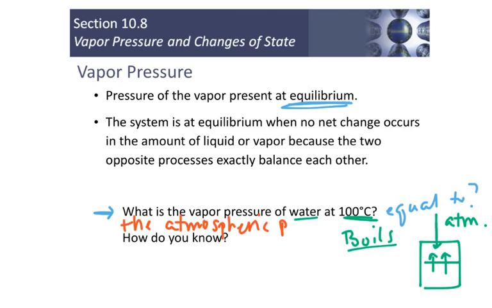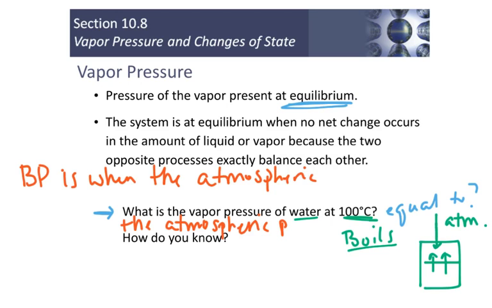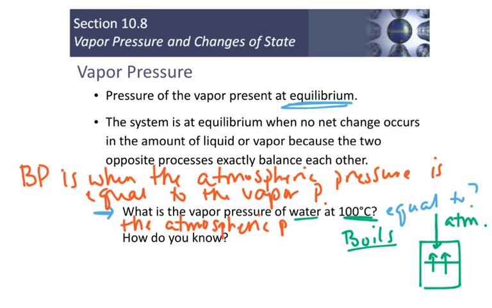And so one thing I want to say as well is, boiling point, this is what I was saying before, boiling point is when the atmospheric pressure is equal to the vapor pressure.